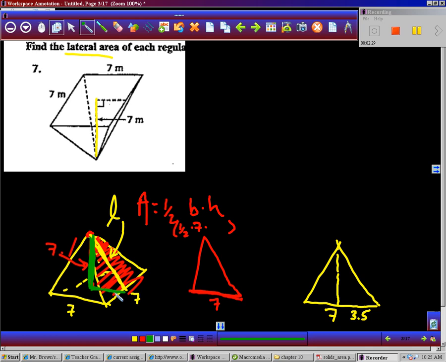Does that make sense? So I've got that inside triangle. Here we go with the 7 up top and the 3.5 down bottom. I'm going to be able to find my slant height. Did that make sense? I can draw it again if it helps. It's also better represented on number 9, so it may have been better to work number 9 before we did number 7.